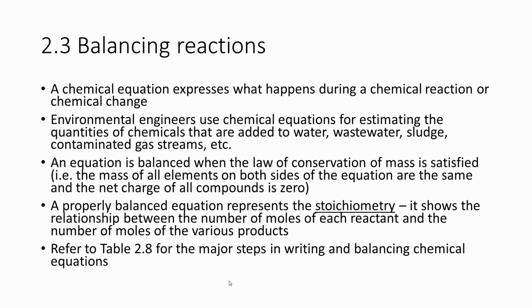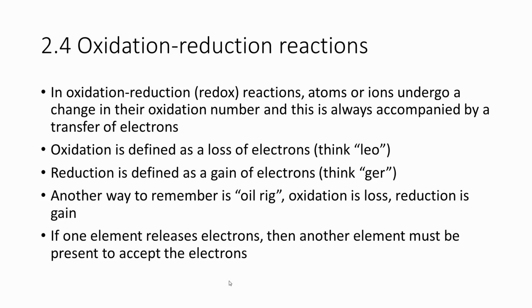In other words, the mass of all elements on both sides of the equation are the same and the net charge of all compounds is zero. A properly balanced equation represents the stoichiometry. It shows the relationship between the number of moles of each reactant and the number of moles of the various products. Please refer to Table 2.8 for the major steps in writing and balancing chemical equations.